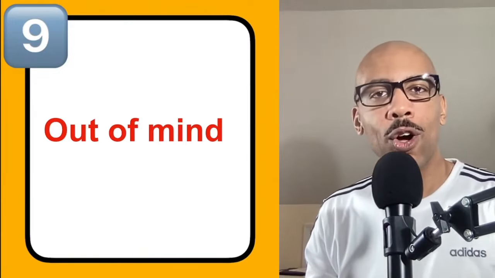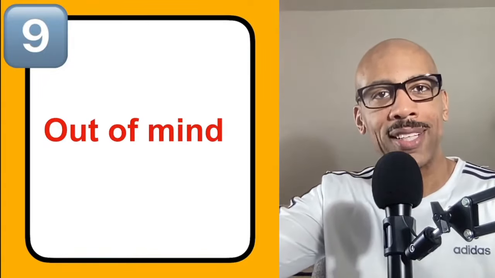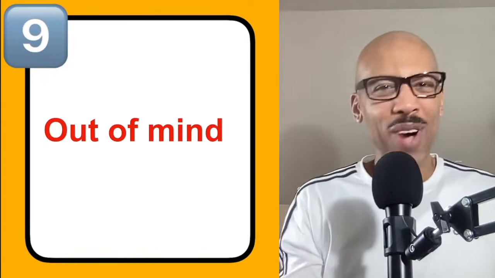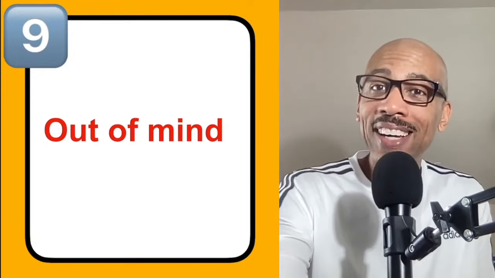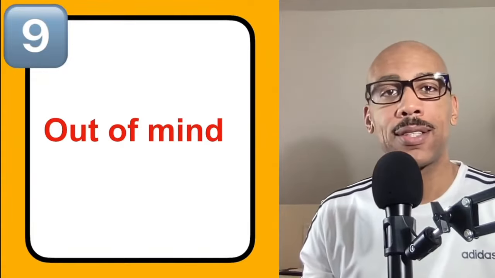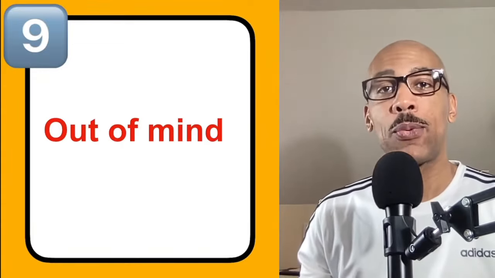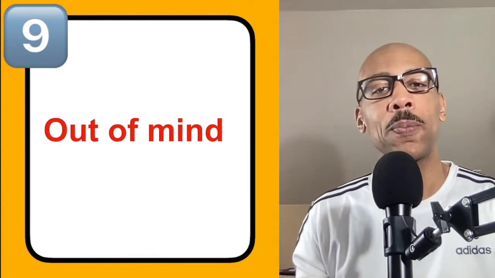Why are you talking in your sleep? You might say, are you out of your mind? Are you drunk? Are you high? Are you out of your mind? And so you could describe someone, man, my cousin went to the party and they were dancing and sweating like they were out of their mind.